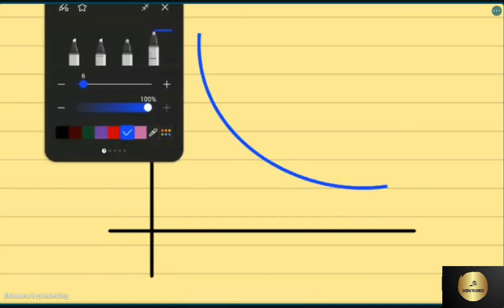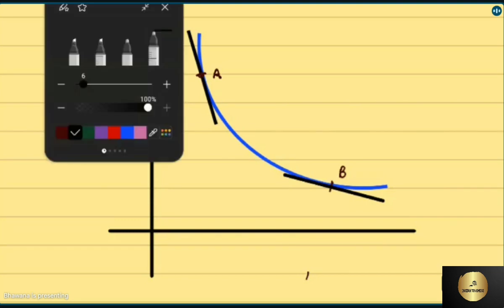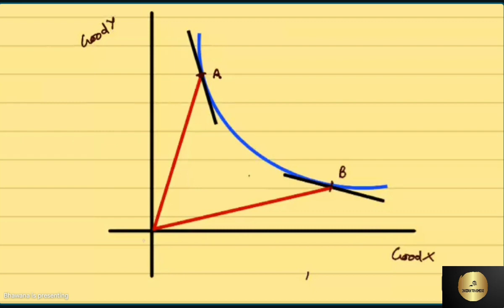At this particular point, this is point A, and this is point B. Here you have good Y, and on this axis we have good X. At point A, you are consuming more Y and less X, right?